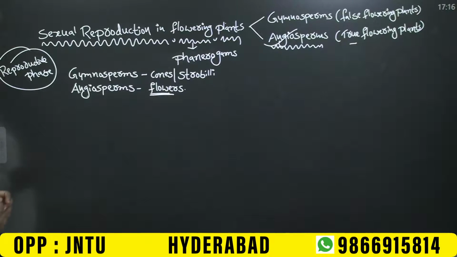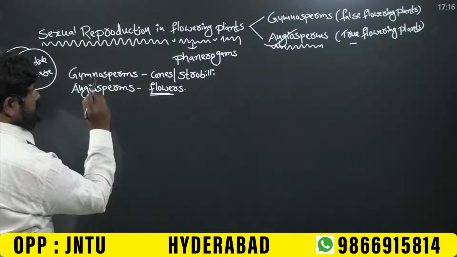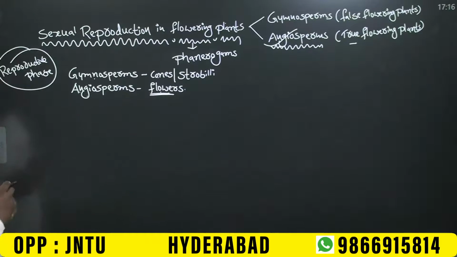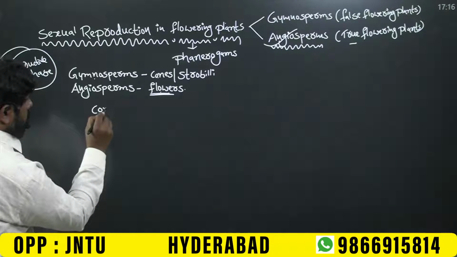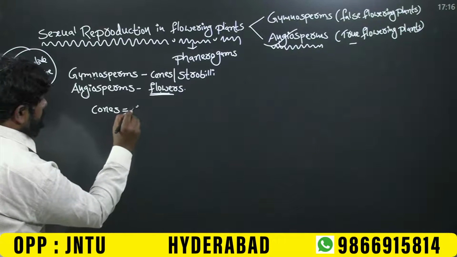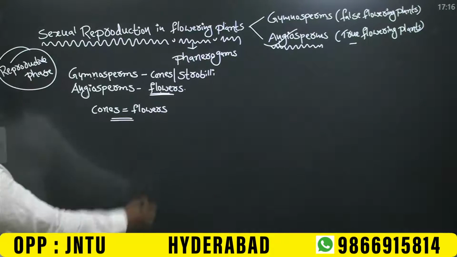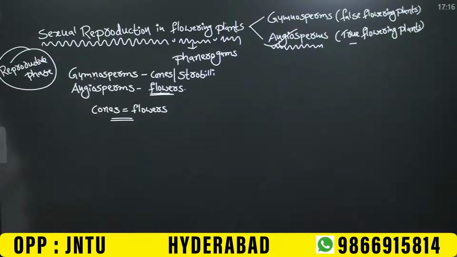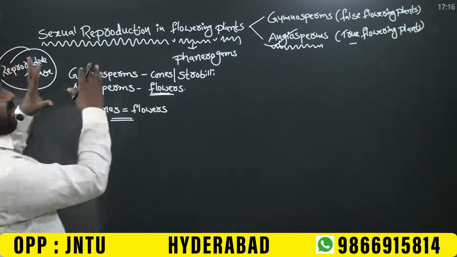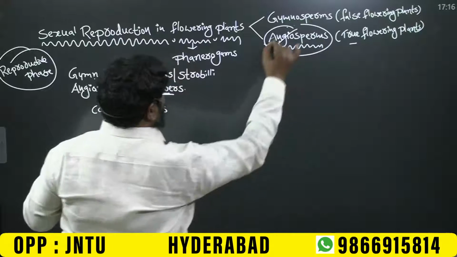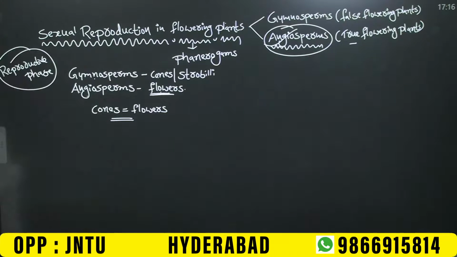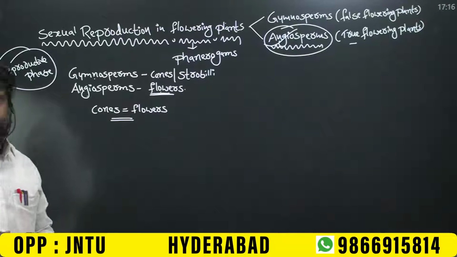But the cones of gymnosperms are equal to the flowers of angiosperms. Please keep that in your mind. True flowers are produced by angiosperms, that's why this lesson we are explaining with angiosperms only, not with gymnosperms. Hope everyone got it.